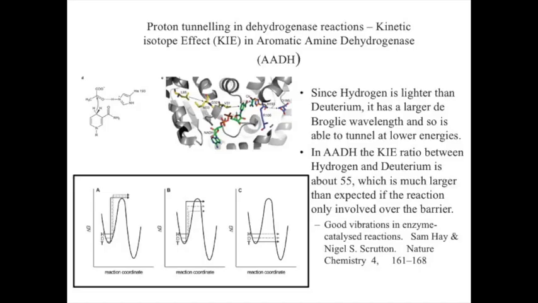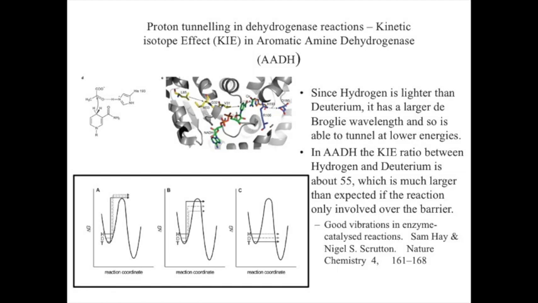But more recently, it's been shown that protons are also tunneling in enzymatic reactions. So this is another enzyme, AADH, aromatic, I can't remember what the other A is, dehydrogenase. So this shows the enzyme active site.